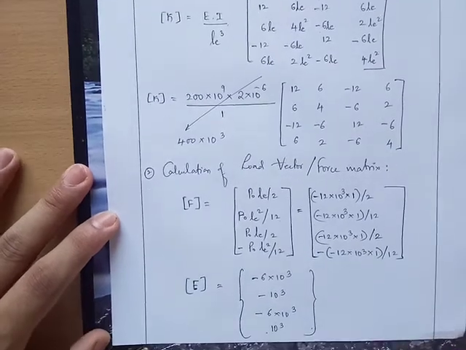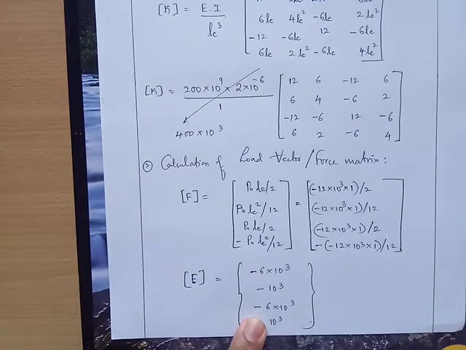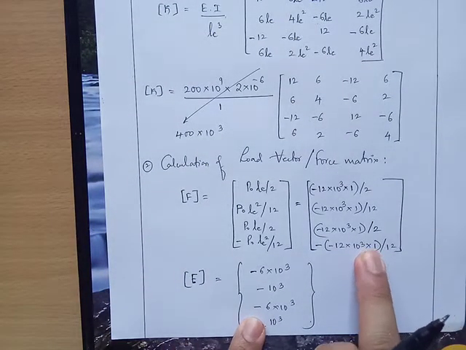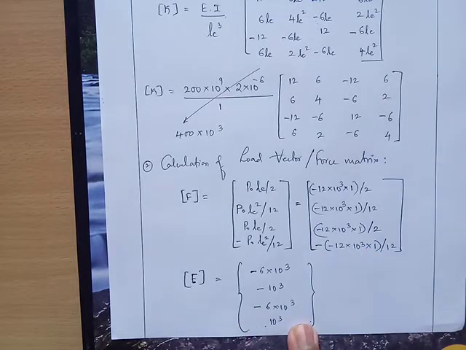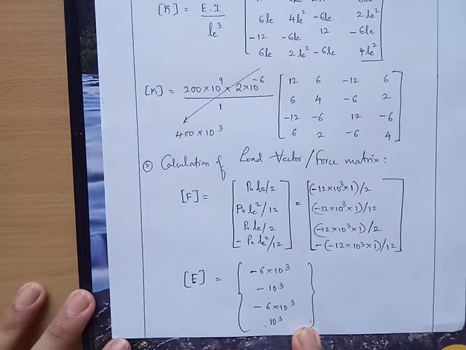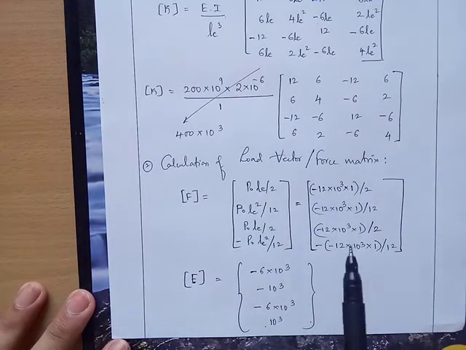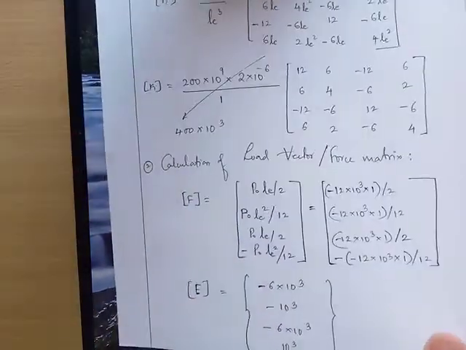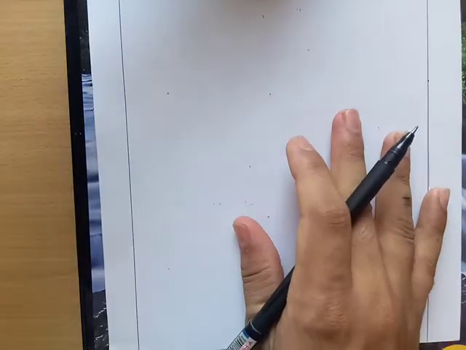So these are the values I get after simplifying this particular matrix. This is my force vector or force matrix, or some people call it the load vector. All are the same. First I calculated the stiffness matrix, then I calculated the load vector. Then in the next step, let us go for FEM formulation.